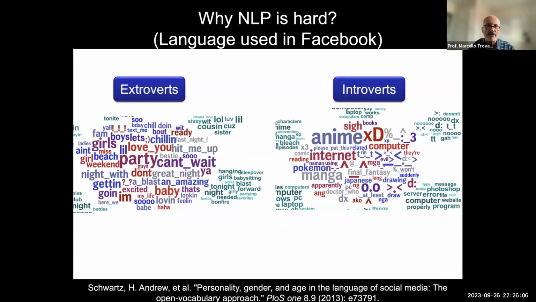And not just age, but also personality. That raises loads of challenges, but also lots of opportunities, because based on the type of words that a population is using, we can identify whether the majority are extroverts or introverts, so personality traits, or age range, etc. That's particularly useful for market segmentation.